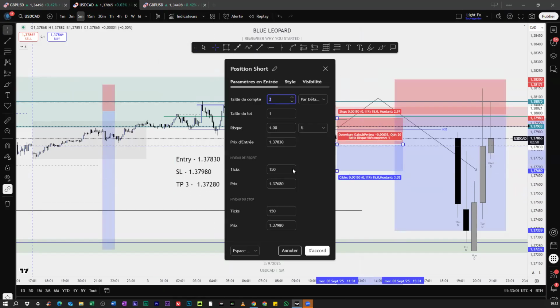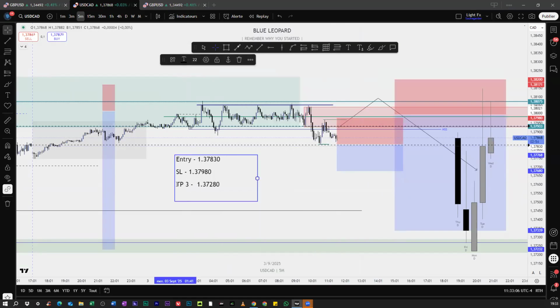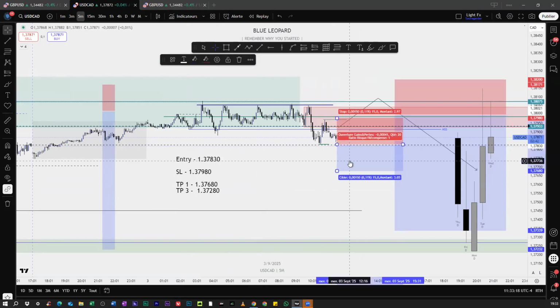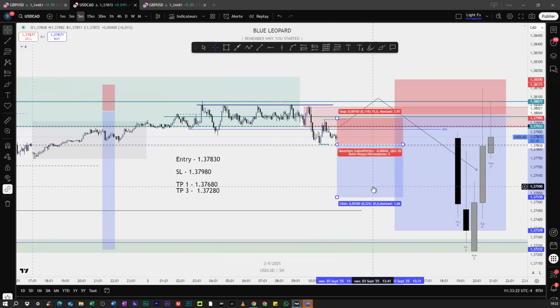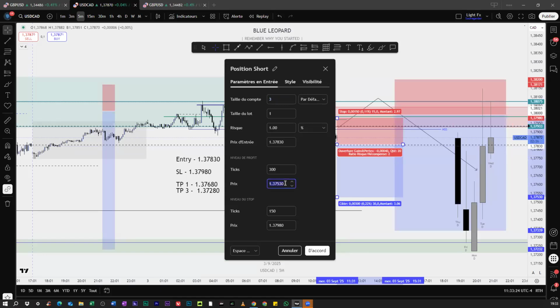This will be our TP1. Then we're going to have this one here as our TP2.